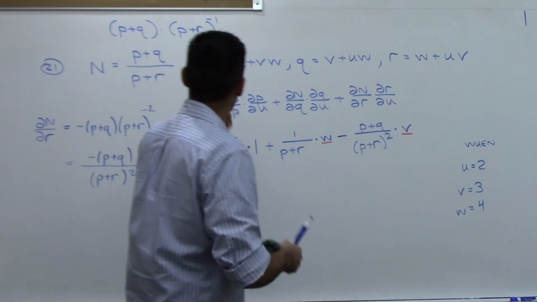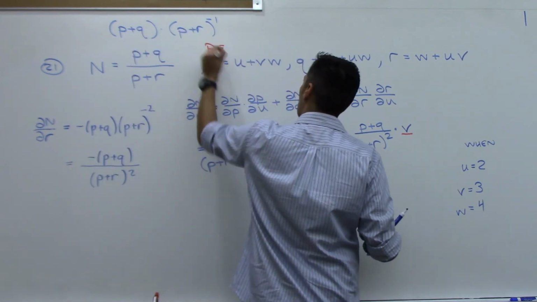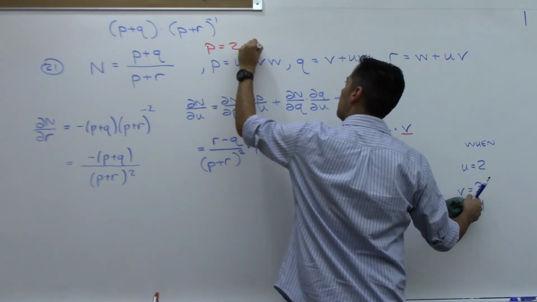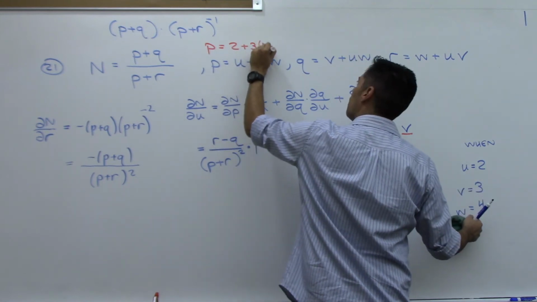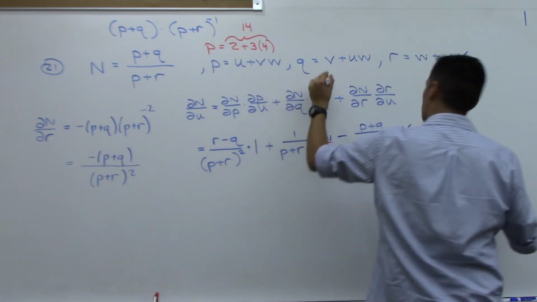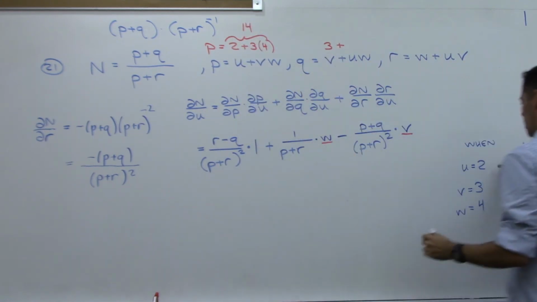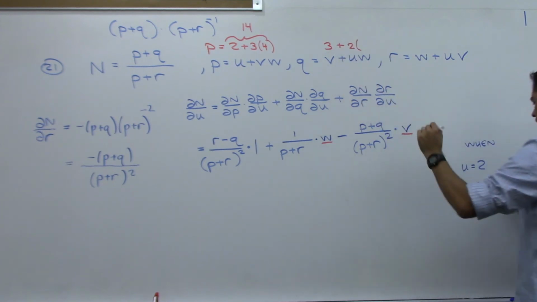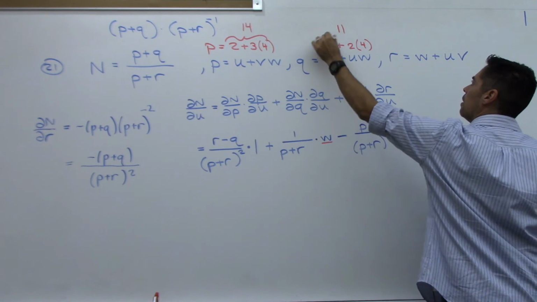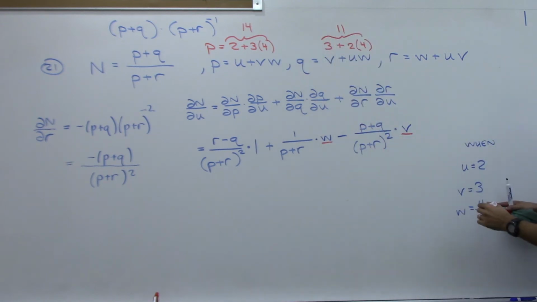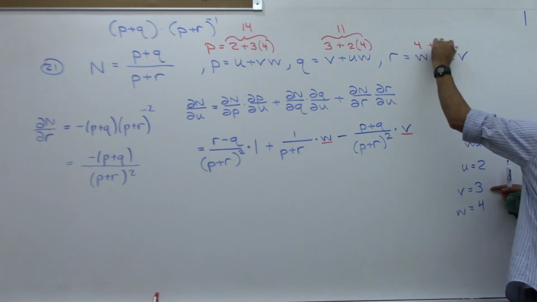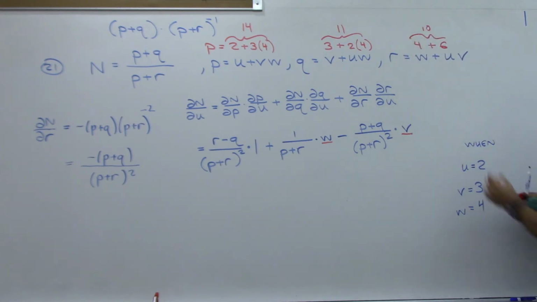Let's figure out what p is when u is 2, v is 3, w is 4. So that would be 14. Q, when this is 3 plus u is 2 times w is 4. That's 8 plus 3, that's 11. And then r, w is 4 plus u times v is going to be 6. That's going to be 10.